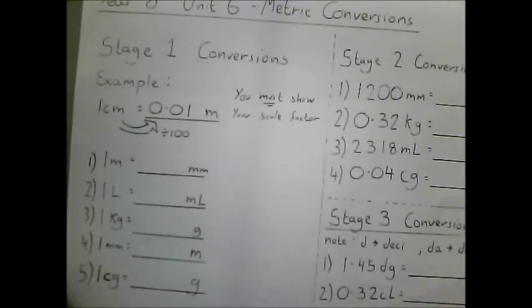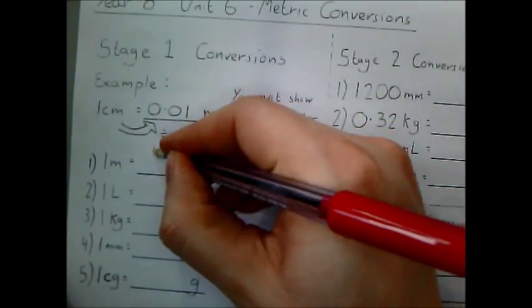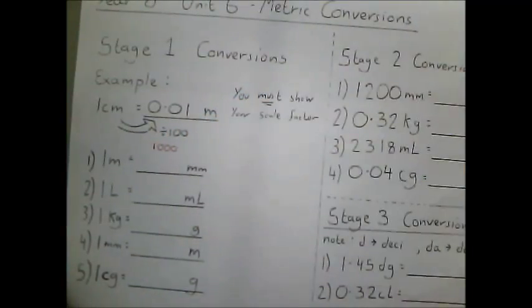So let's start off with the first question. Now here I want to go from 1 meter to 1 millimeter. So I know milli means a thousandth. If you think of the word millennium, that's 1,000 years. If you think millipede, that's 1,000 legs.